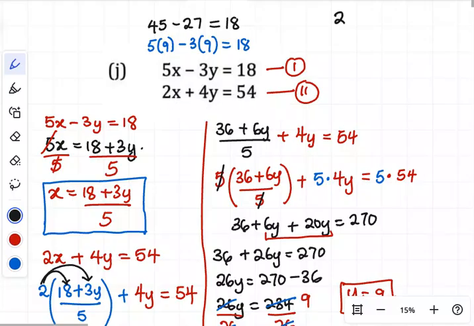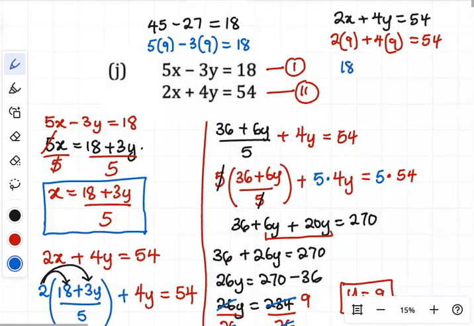Let us see if it is true also for equation 2. Here I have 2x plus 4y equals 54. We'll be plugging in the values of x and y to confirm if the sum will give us 54. So 2 times 9, then plus 4 times 9. 2 times 9 is 18, then plus 4 times 9 should give us 36.